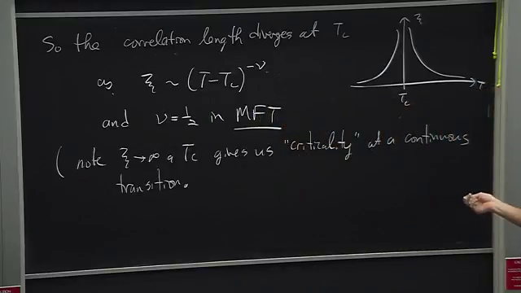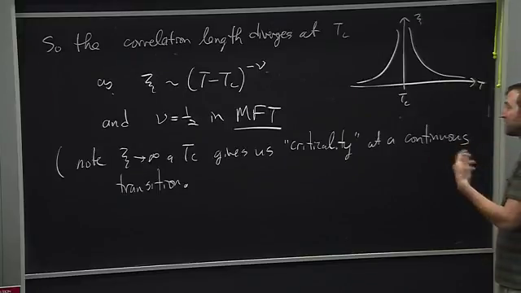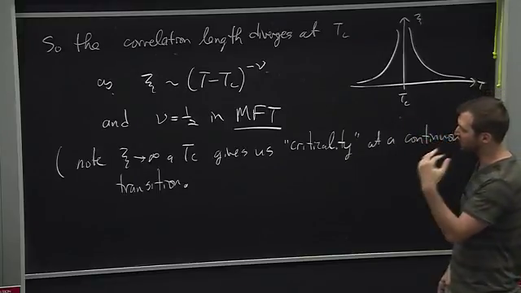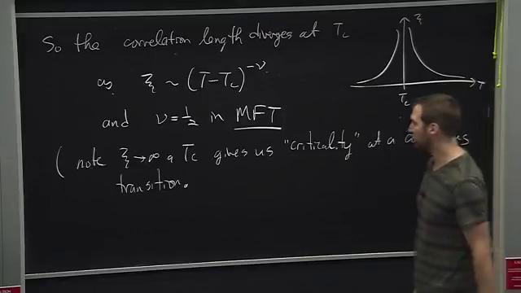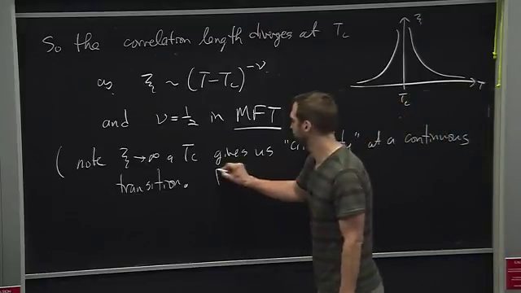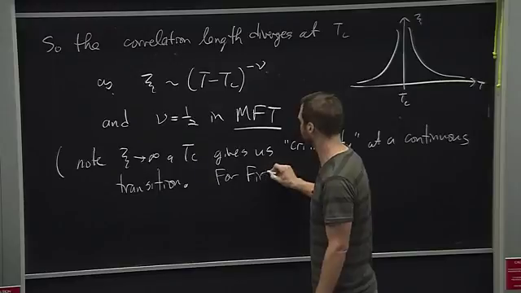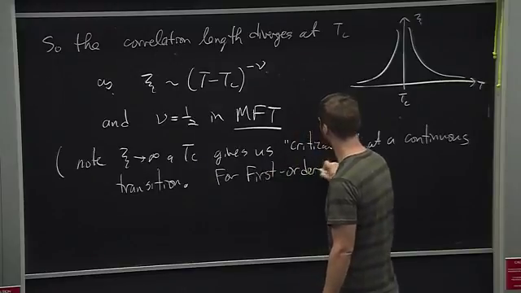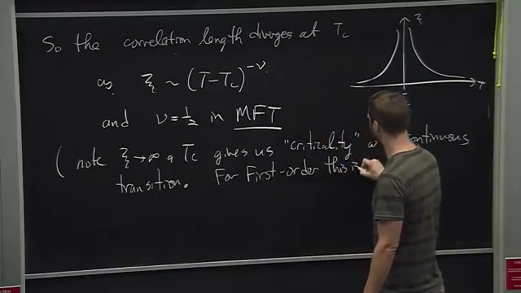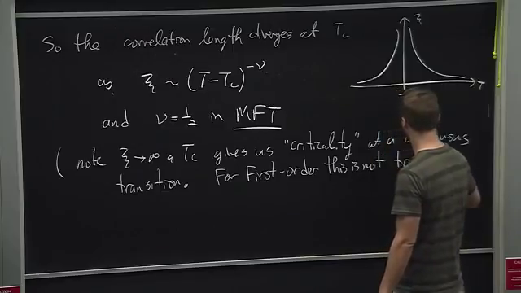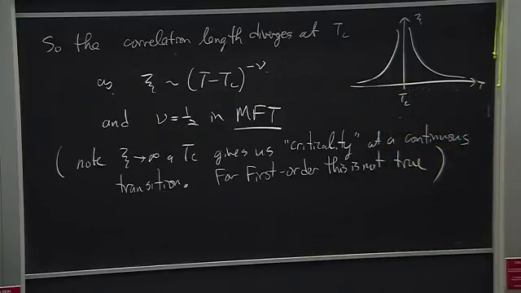First order transitions just have discontinuities, latent heats, hysteresis, coexistence. The free energy just looks different. This all comes from the fact that the free energy changes continuously as you go through the transition. Right, so criticality gives us rise to the scaling behavior.